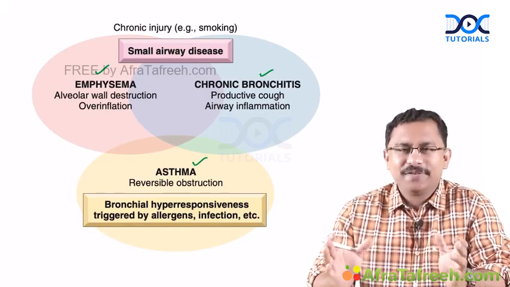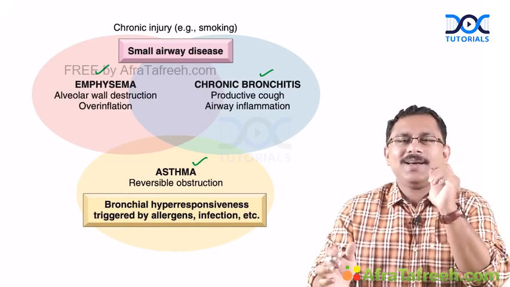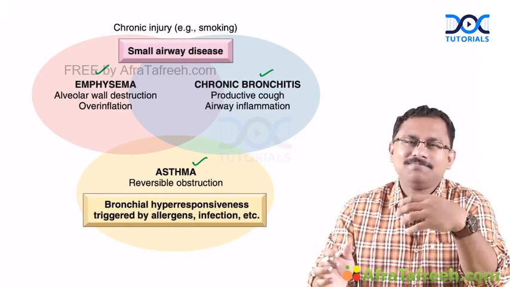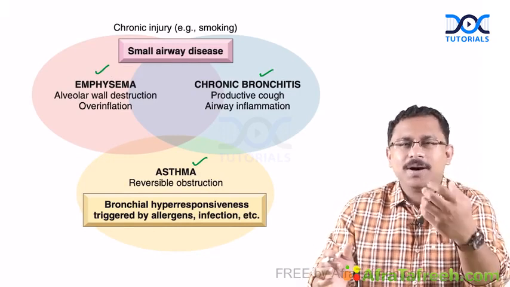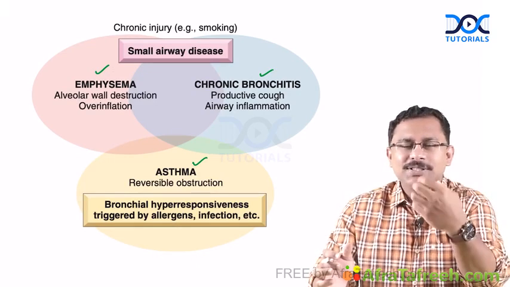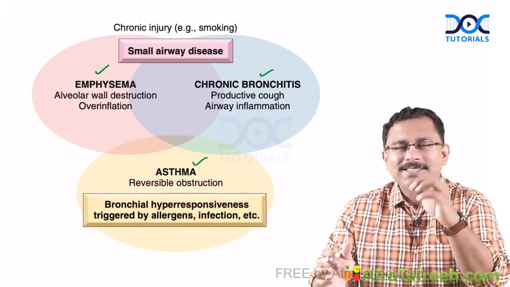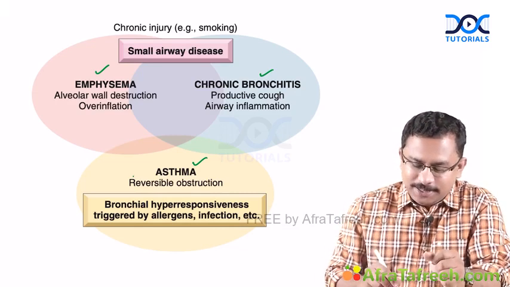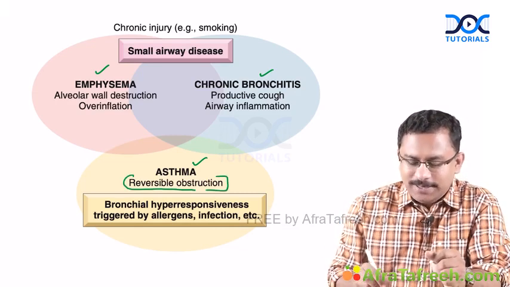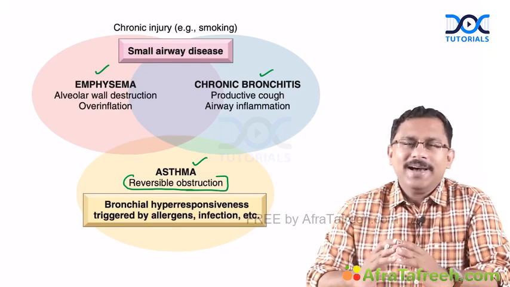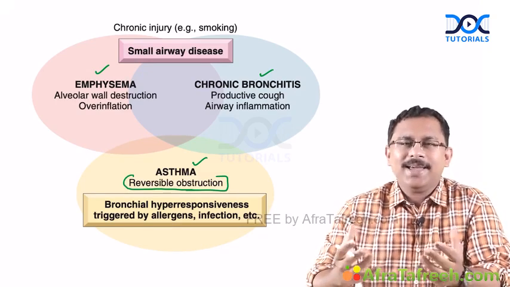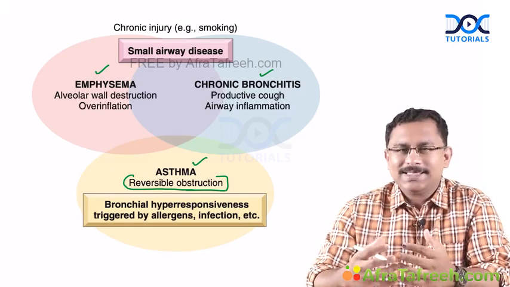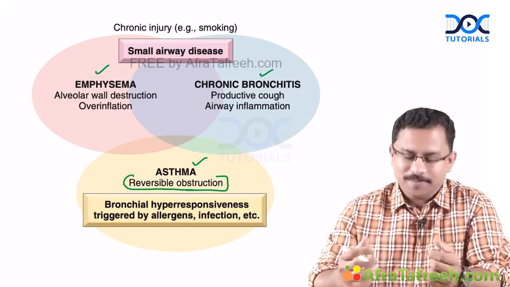The major differentiating point between asthma and emphysema or chronic bronchitis, that is your COPD, is that in asthma the airway obstruction is reversible. It's a reversible obstruction, and the airway disease per se in asthma is affecting mainly the bronchi.